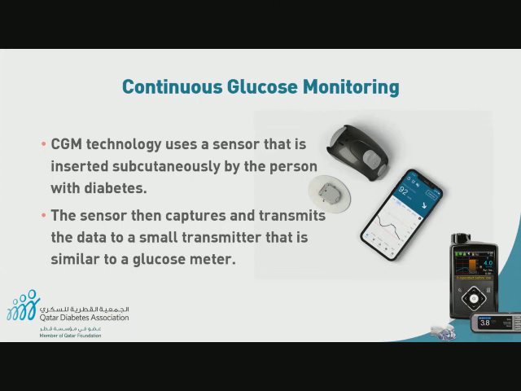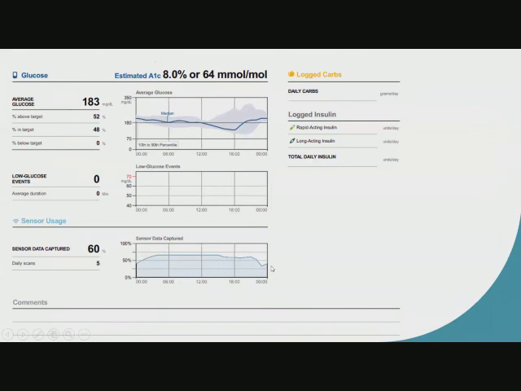So the benefit of this new technology is that it gives you a full report about the glucose pattern: how many times you have checked, what the mean glucose level was, and graphs in percentages showing how much time you were in range, how much above range, and how much in lows.